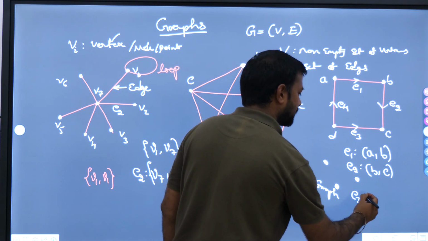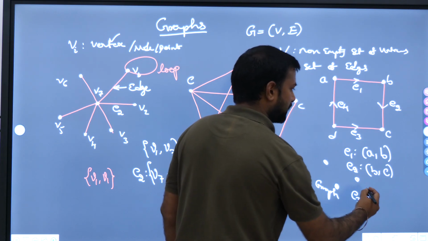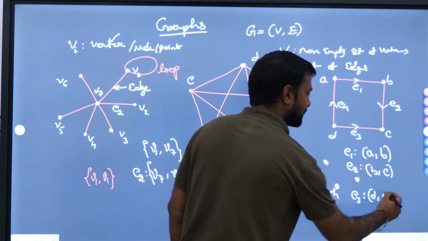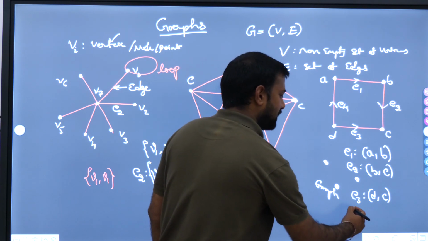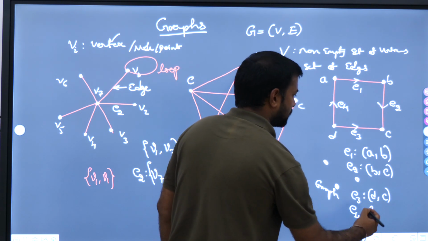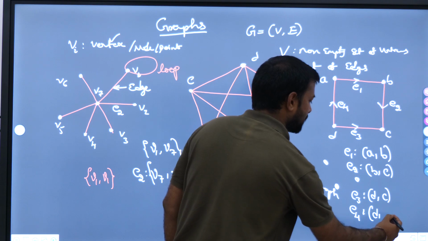E3 is the ordered pair D comma C, and E4 is the ordered pair D comma A.